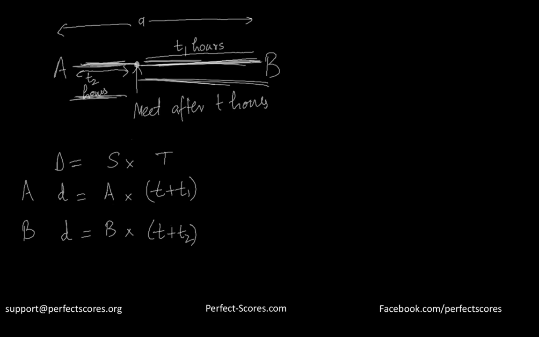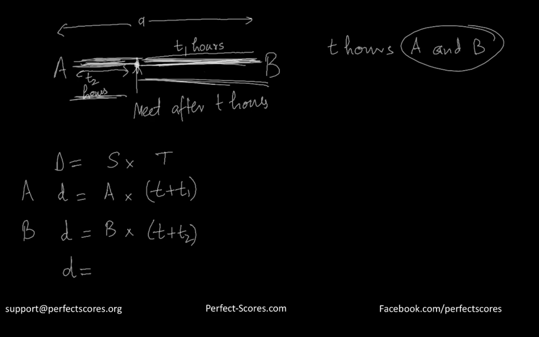Another thing is that the distance over here is also covered in another way. So the total distance is actually covered in some other way as well. That is, it takes t hours for body A and body B to cover the whole distance d, because after t hours A has covered this much distance and B has covered this much distance, so they have actually covered the whole distance.